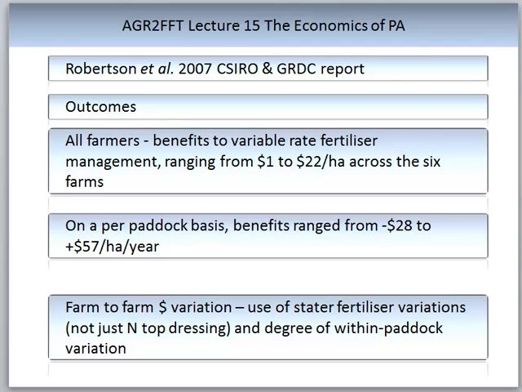Variation in monetary benefits from farm to farm could be explained by, one, whether or not fertiliser was applied initially, and if it was, whether it was just nitrogen top dressing, and two, the degree of within paddock yield variation. The methodology for estimating the benefits of variable rate technology requires further testing on paddock scale data where yields and fertiliser rates are recorded for uniform VRT managed strips.